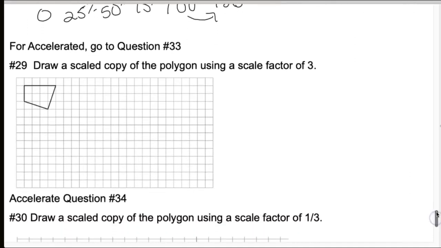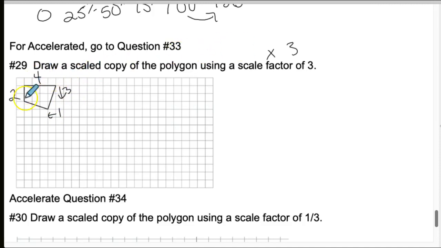Draw a scaled copy of the polygon using a scale factor of 3. That means multiplying by 3 each side length. This side length right here is 1, 2, 3, 4 originally, and this one is 2. This one, to get to this point, I go down 3 and over 1.